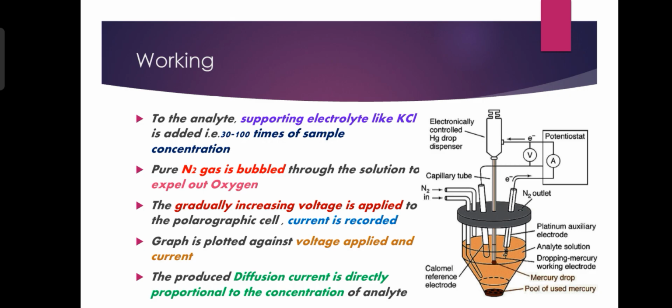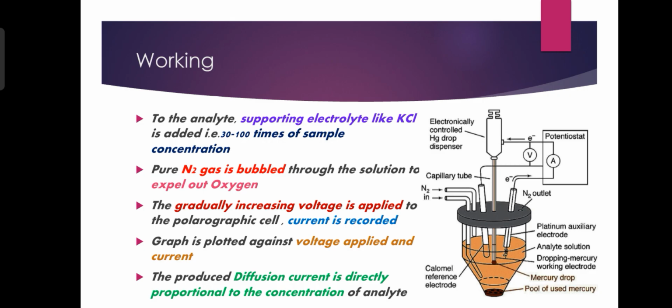Next you can see the picture here. There is the beaker where our analyte and supporting electrolyte are present. Let's take KCl as our supporting electrolyte, which is taken at 30 to 100 times the concentration of the analyte, and the nitrogen inlet is there for removing the oxygen.